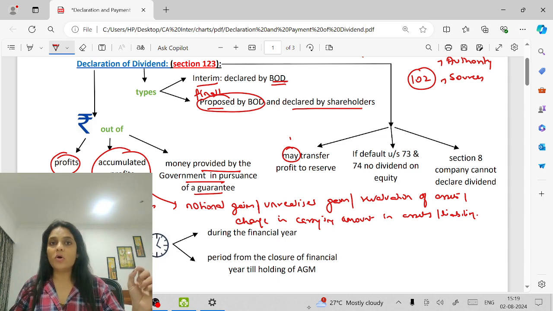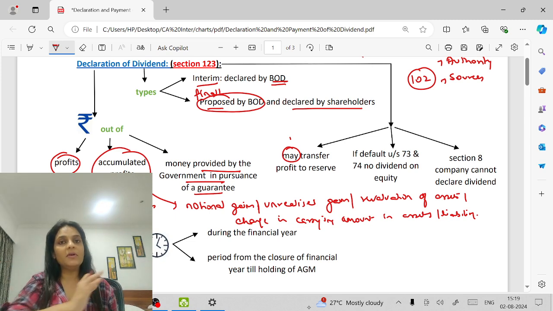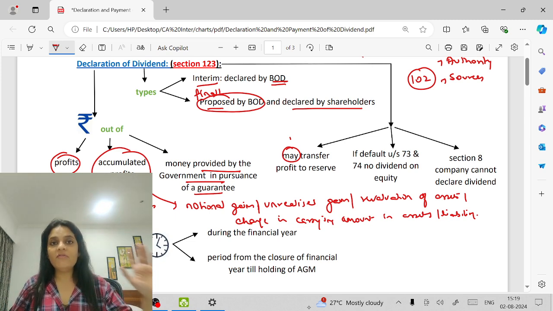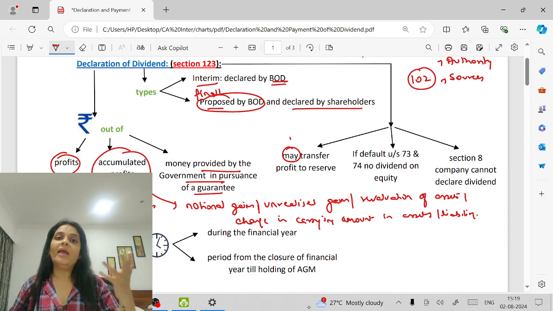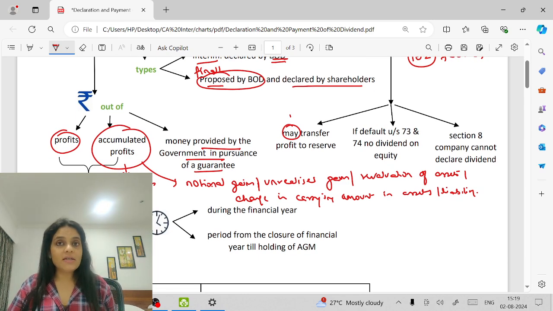Section 73 is deposits and 74 is repayment of deposits accepted before the commencement of the Act. If the company has made default under that, the company cannot pay dividend to the equity shareholders. And if I'm a Section 8 company, whatever happens, the company can never declare dividend.